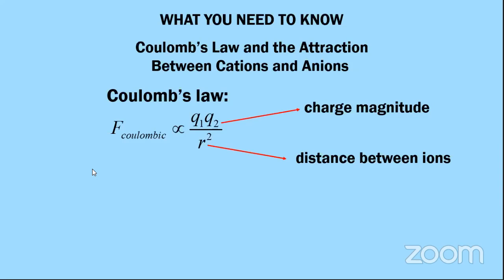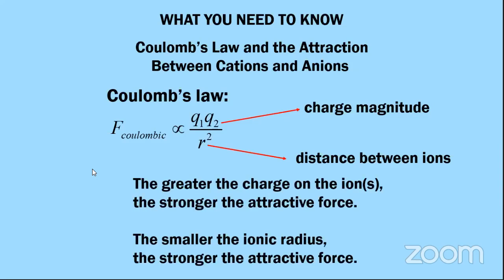So as we can see in terms of the numerator, which is about charge, and the denominator, which is about the distance between the ions, the greater the charge on the ions, the stronger the attractive force between those ions. And the smaller the ionic radius, the closer we can bring those ions together, the stronger the attractive force will be. And we'll see examples of Coulomb's law in just a moment.